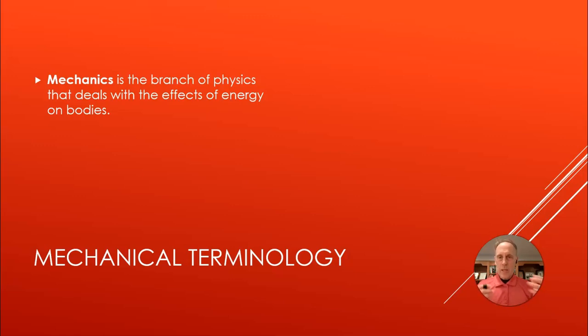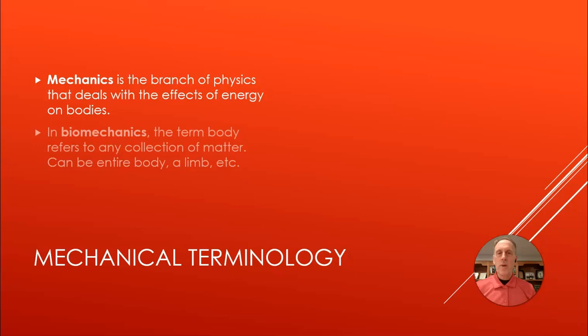So with this, mechanics is the branch of physics that deals with the effects of energy on bodies. And in biomechanics, the term body refers to any collection of matter. The book notes that it could be the entire human organism itself, or it could be a specific limb.